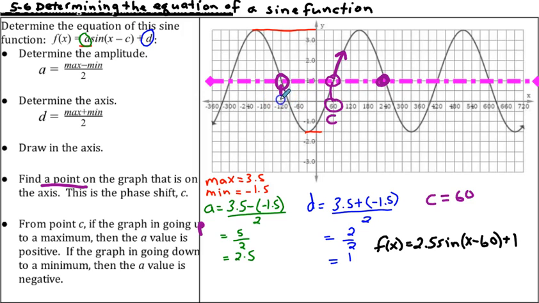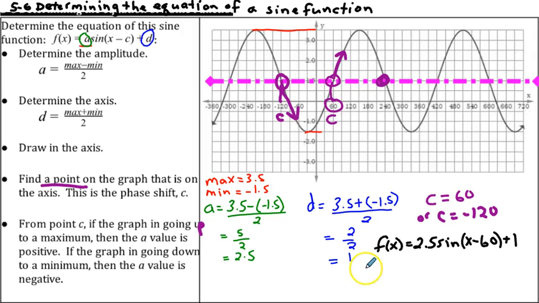So 120 could have also been C. So you could have said C is also equal to negative 120. And in that case, because the graph is going down to a minimum, then that would mean the A value is negative.